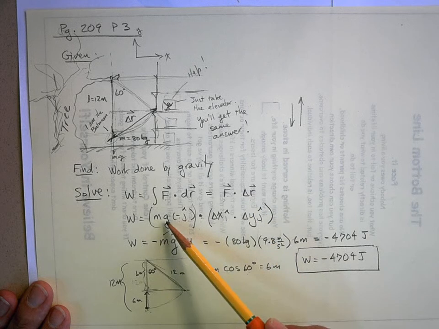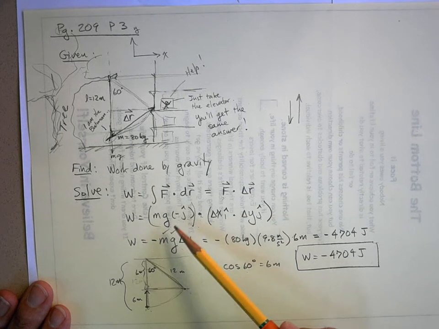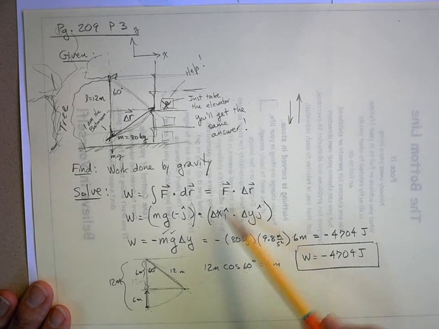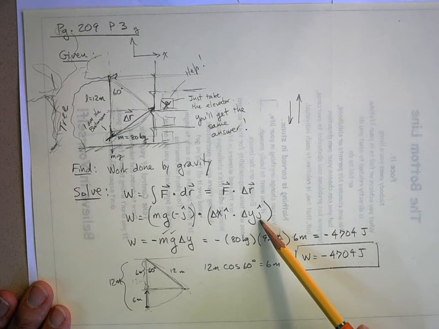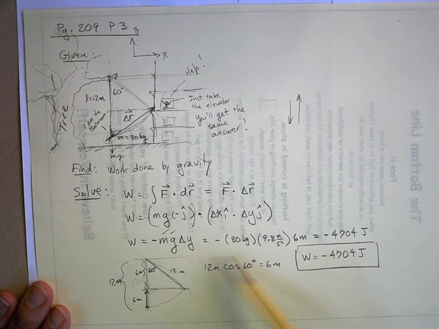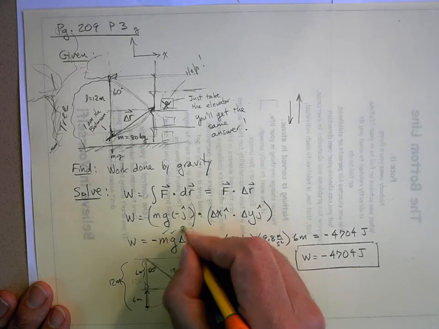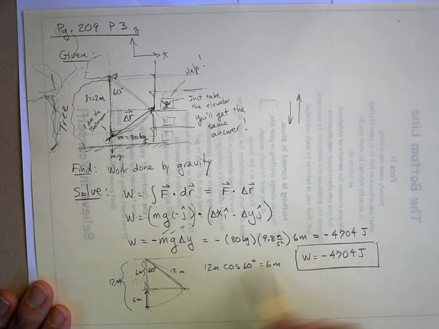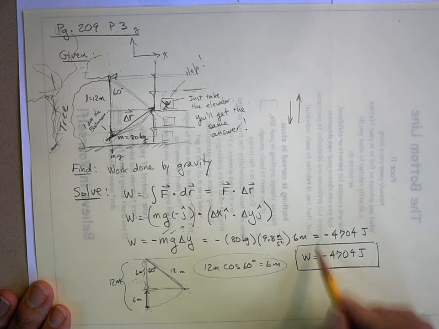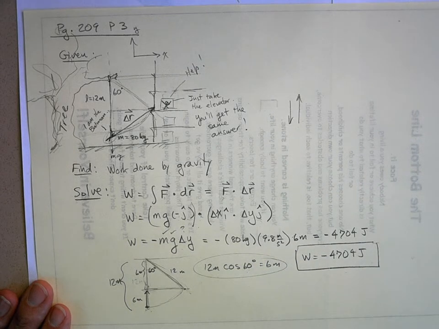Okay, what is the force in IJK form? What is the displacement? Split up the displacement into its components. And then you have to look at the geometry to figure out specific things. Like we didn't know what delta y was, so we had to figure it out here and then plug it in and get your answer.